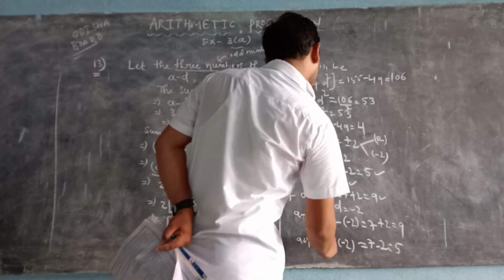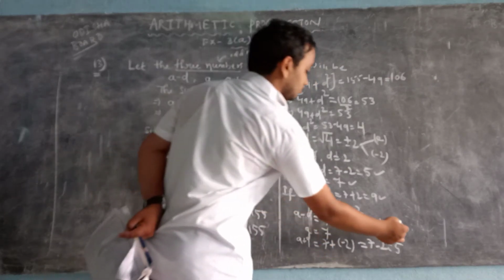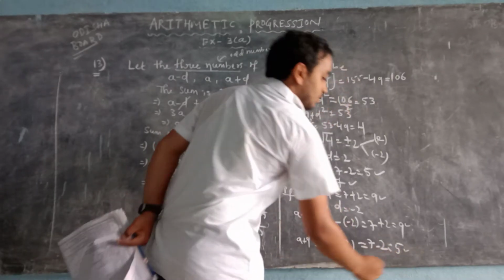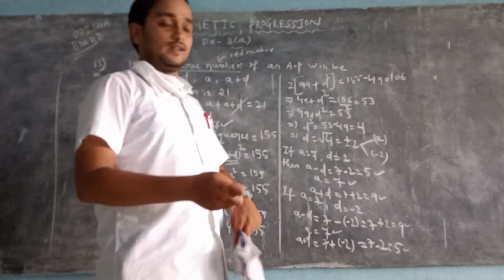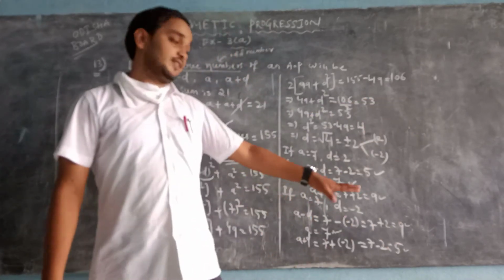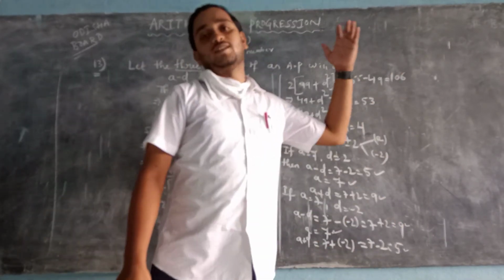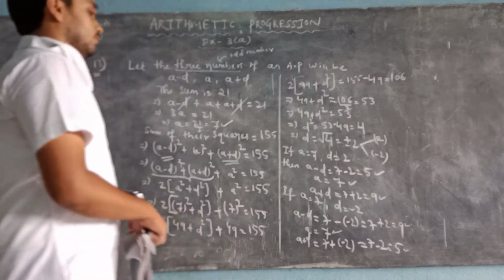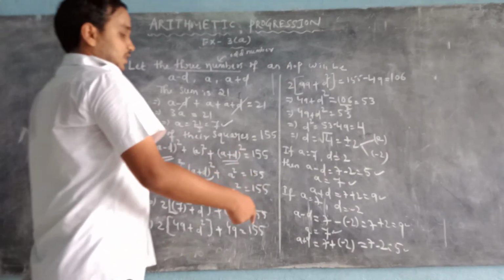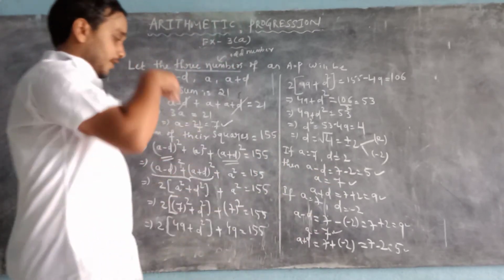Then what? 9, 7, 5. Reversely, if we take the positive value, that is in ascending order. If we take the negative value, that is descending order. 5, 7, 9 and 9, 7, 5.